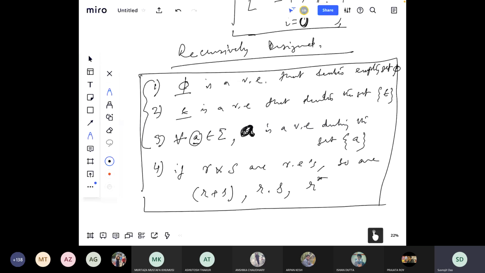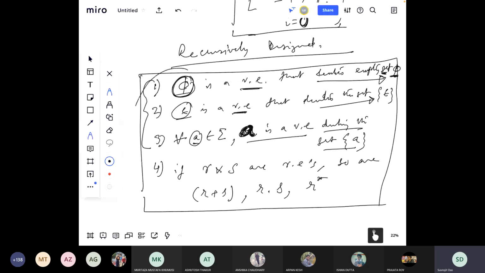Then you say what each symbol denotes. Phi denotes the empty set. Epsilon should denote the set that contains epsilon. a should denote the set {a}.